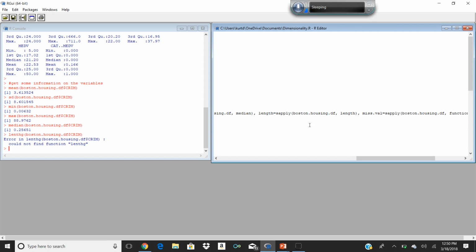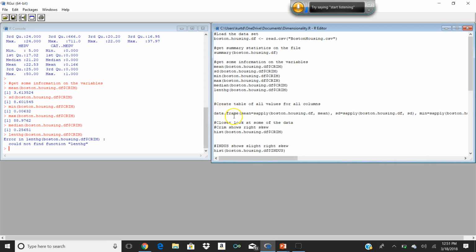We use miss.val set equal to an sapply where housing.data.df is our data frame, and we have a function x, and the function x gets populated by the sum length where there's basically nothing in x. Give us the number where there's nothing in x, drop that into function x, and drop that back into this value. And it'll give you any of them that are missing data.